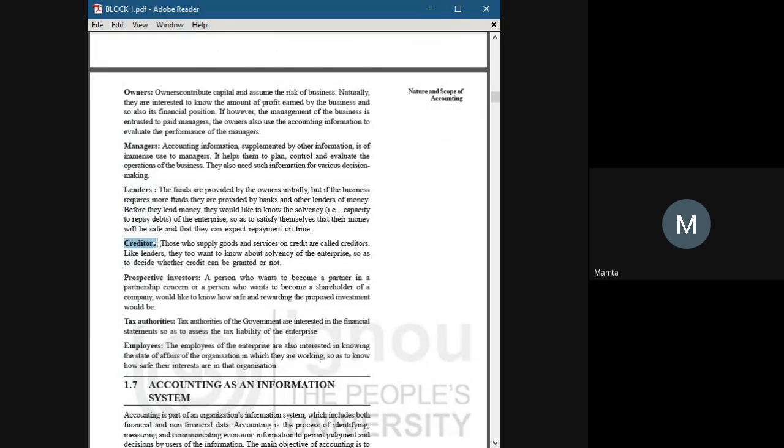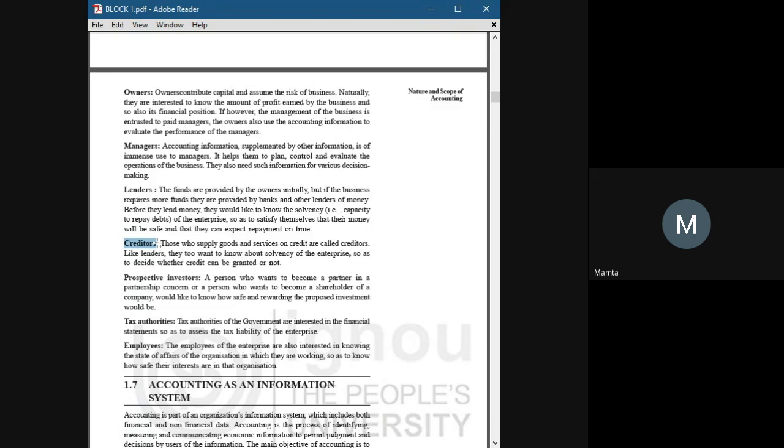Creditors. Creditors are those who supply goods and services on credit to us. It's common in business. Like we purchase raw material on credit. We don't always have cash to purchase the raw material, so we purchase the material on credit.